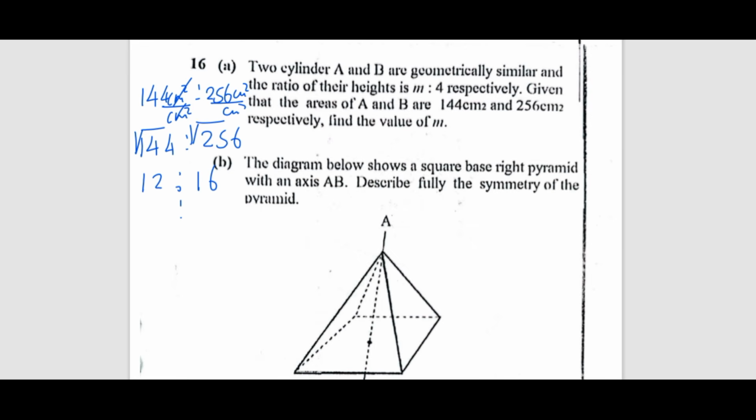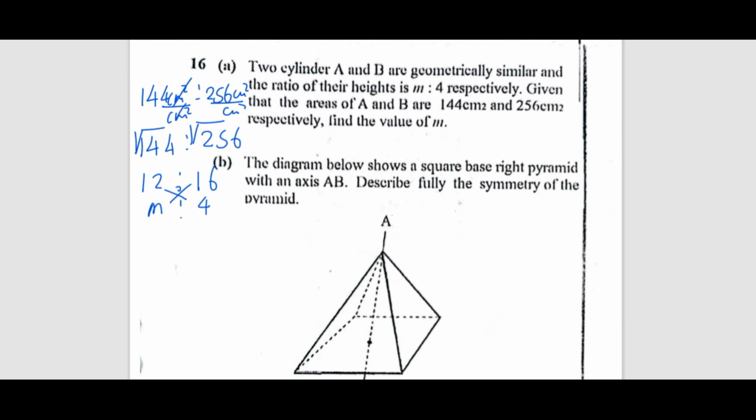Then we need to use m now. So let's look at the two cylinders, geometrically similar, and the ratio of the heights. So m will be here, then we'll have 4.